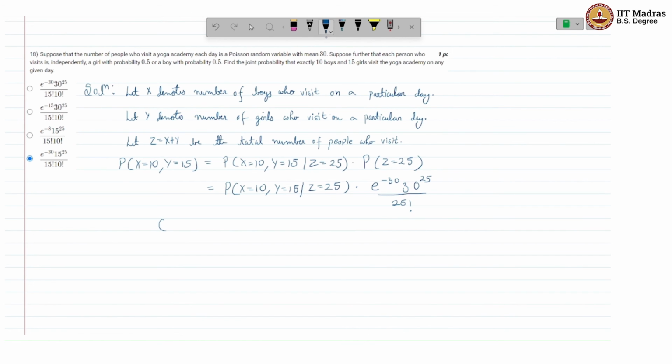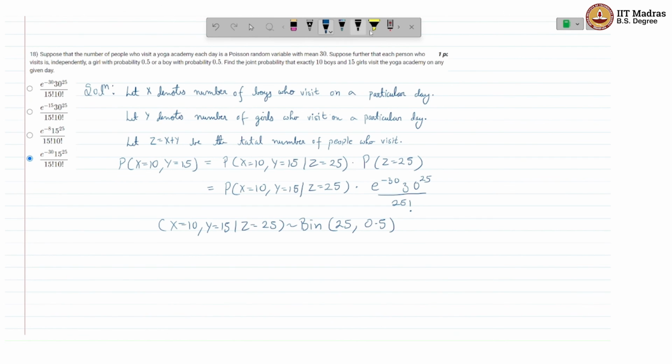Now let us separately look at the distribution of x is equal to 10, y is equal to 15, given z is equal to 25. So this will follow a binomial distribution where n is equal to 25 and p is equal to 0.5.